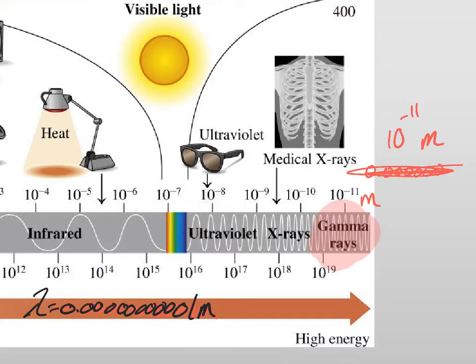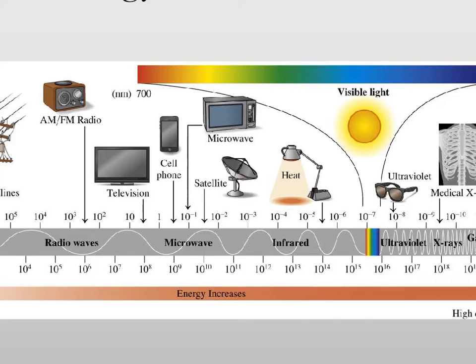And if we look at the other end of the spectrum, you can see there's X-rays, which have a longer wavelength than gamma rays, but therefore lower energy. Then you have ultraviolet rays, which have a longer wavelength, but ultimately lower energy than X-rays.